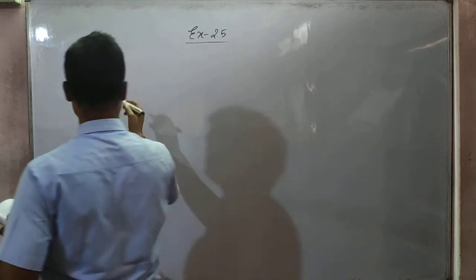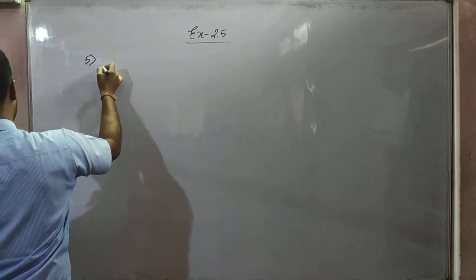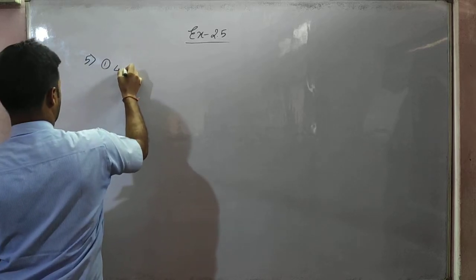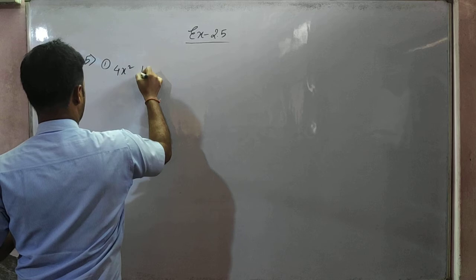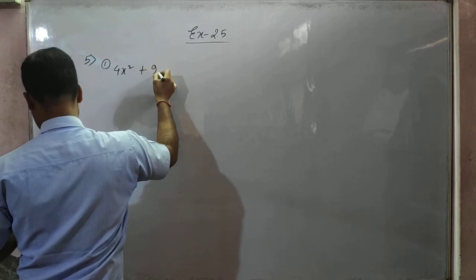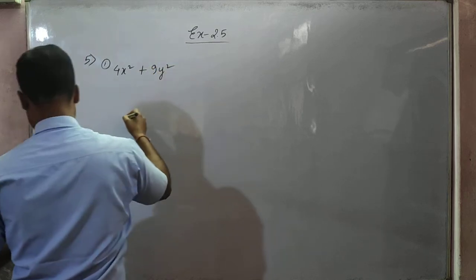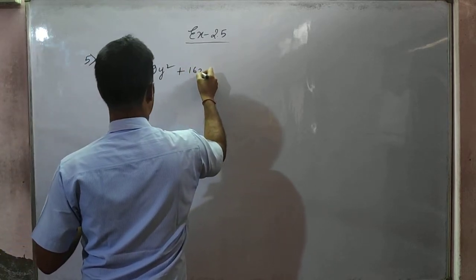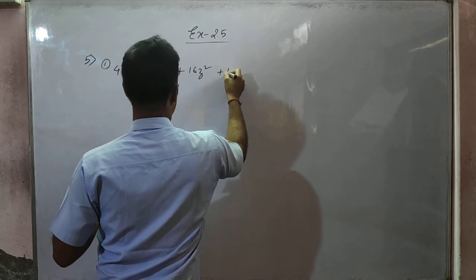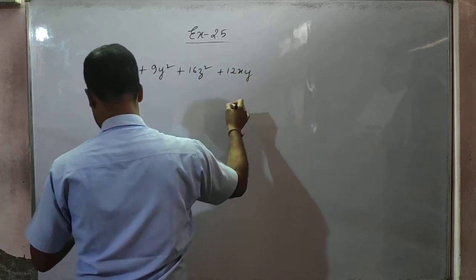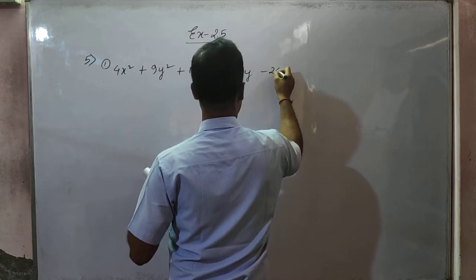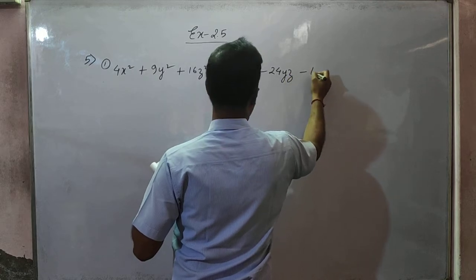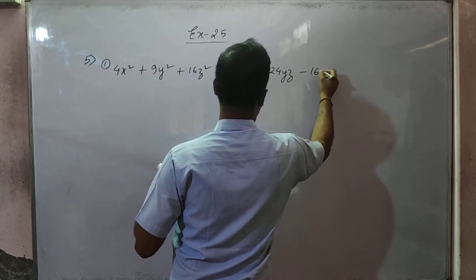Let us see number 5, students. Also one sum we will see here. 4x square plus 9y square plus 16z square plus 12xy minus 24yz minus 16xz.